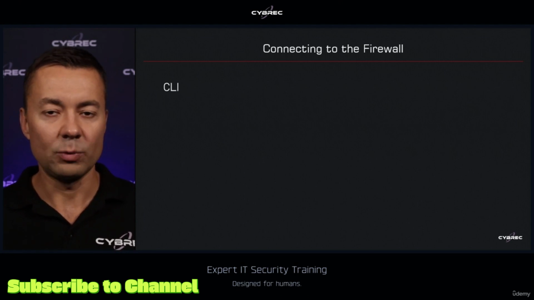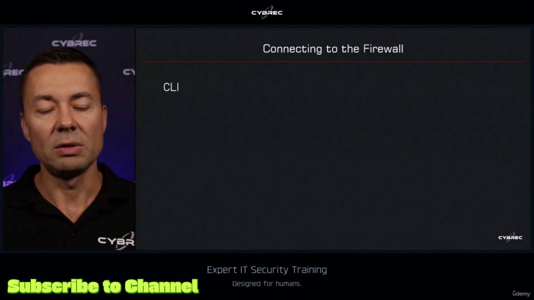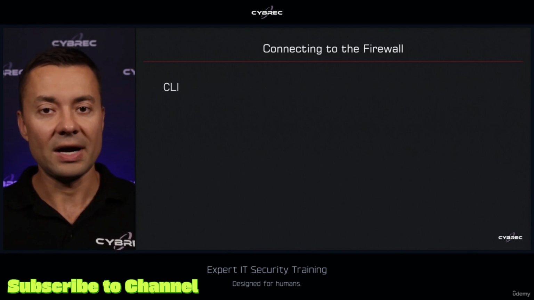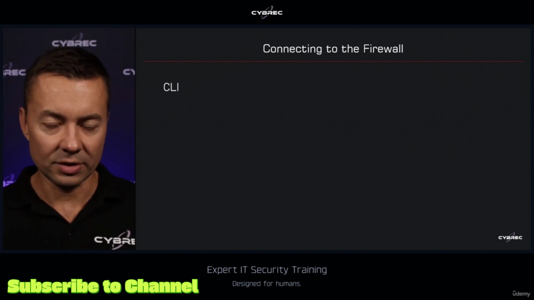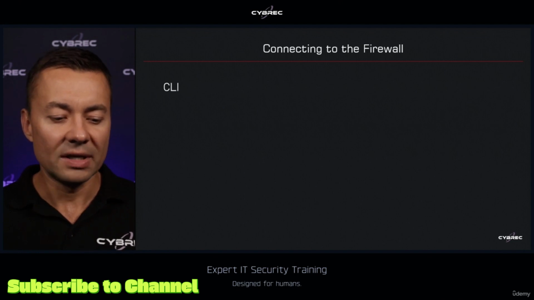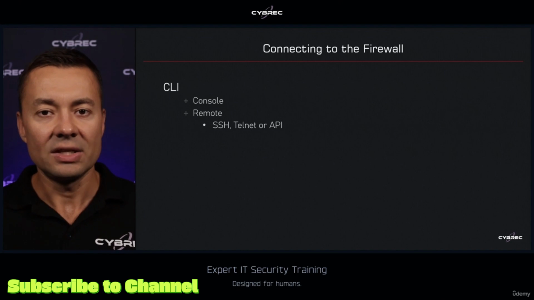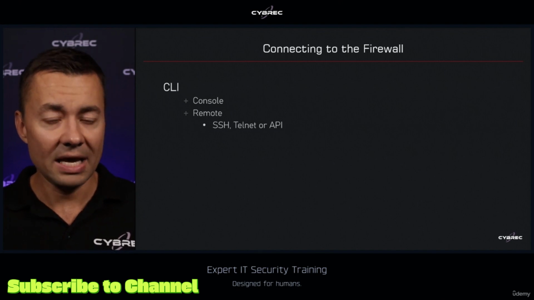So because of that, one of the first things that we will do when we take a firewall out of the box or when we install a virtual firewall is specifying an IP address for administration. And this IP address is something that we will then use for connectivity with SSH, maybe Telnet, or even API.